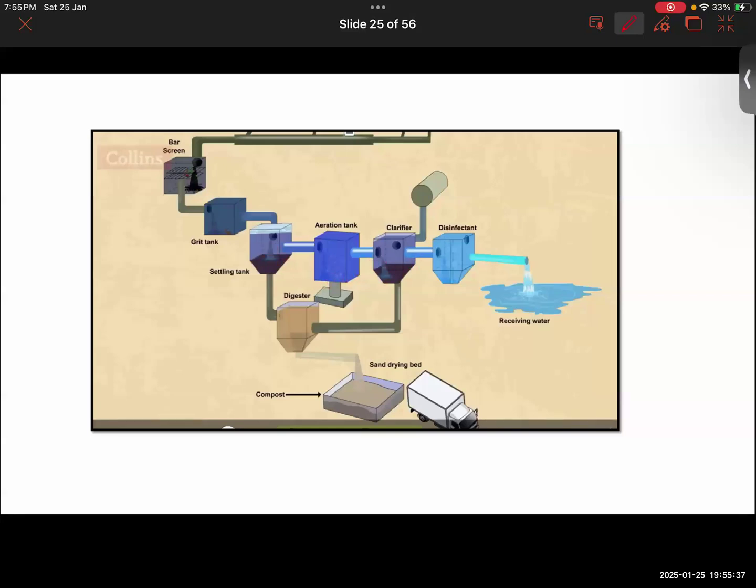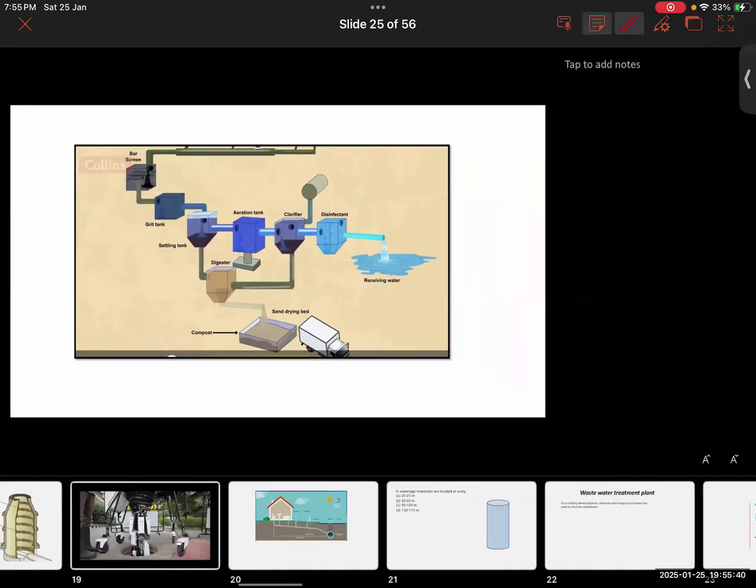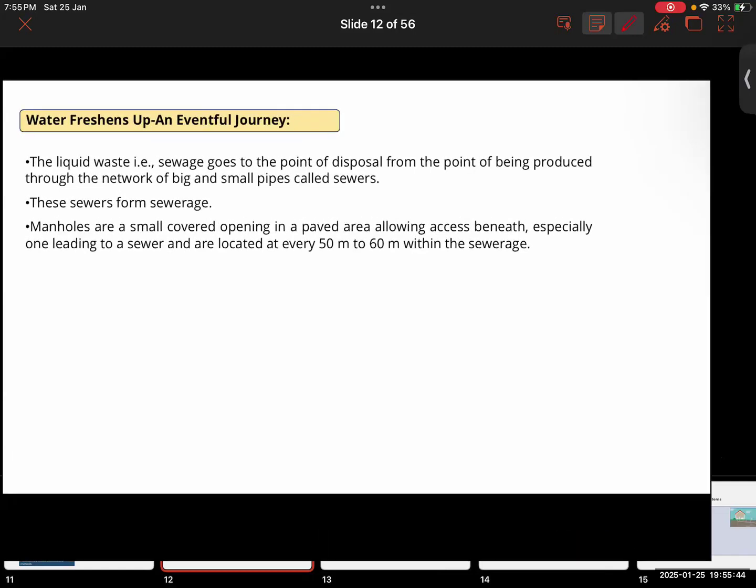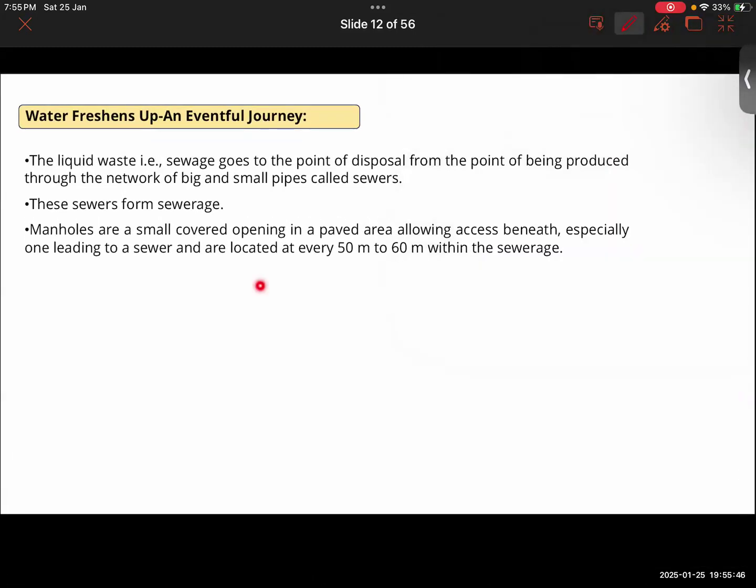So right now we are talking about the journey of the water, the wastewater that is coming from our houses, how it goes to be cleaned, how it is cleaned. Getting it now? So the liquid waste that is sewage goes to the point of disposal from the point of being produced through a network of big and small pipes called sewers.